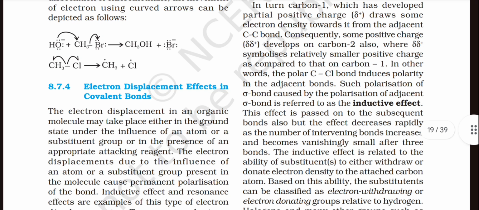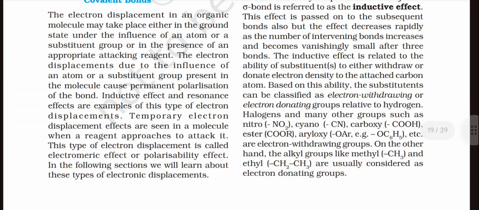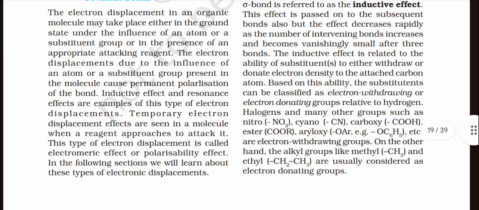In other words, the polar C-Cl bond induces polarity in the adjacent bond. Such polarization of a sigma bond caused by the polarization of an adjacent sigma bond is referred to as the inductive effect. This effect is passed on to the subsequent bonds also, but the effect decreases rapidly as the number of intervening bonds increases and becomes vanishingly small after three bonds.